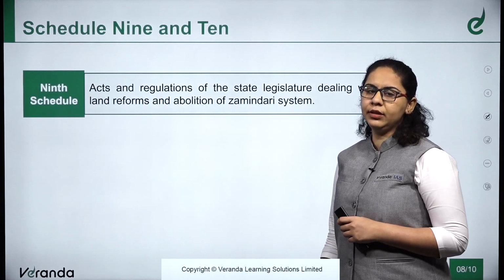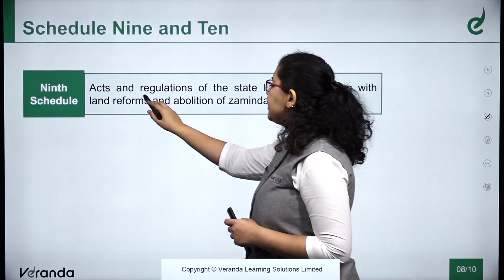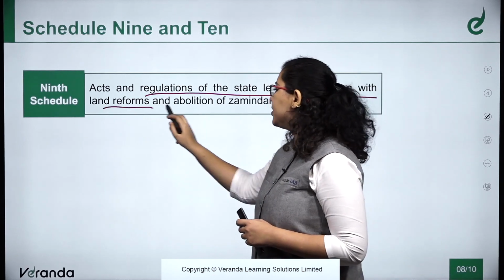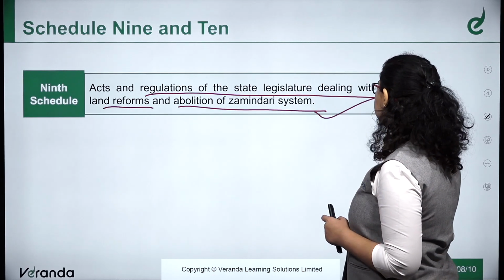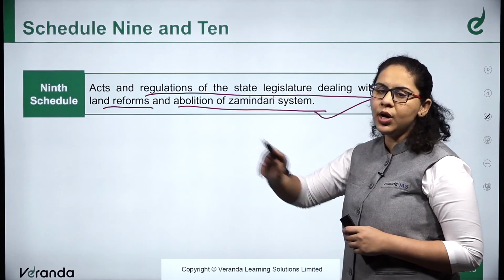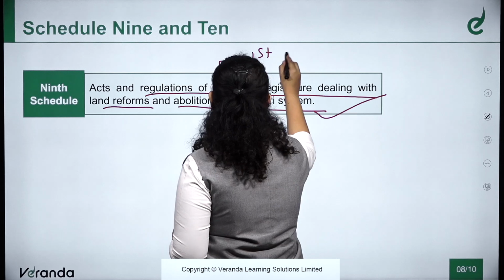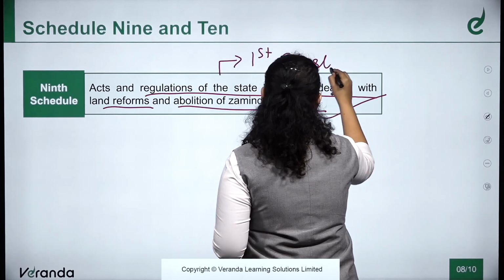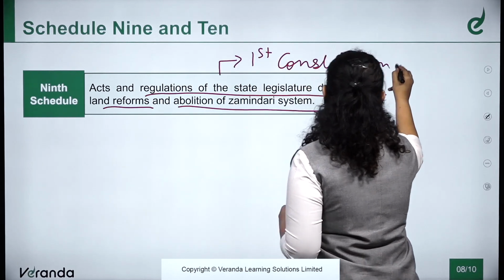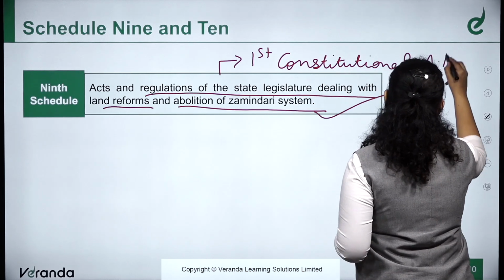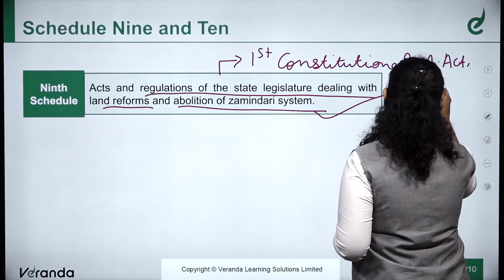Next, Schedule 9th. It deals with acts and regulations of the state legislature dealing with land reforms and abolition of Jamindari system. This schedule was added by the very first Constitutional Amendment Act of 1951.